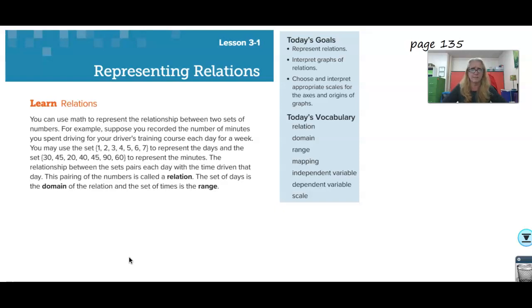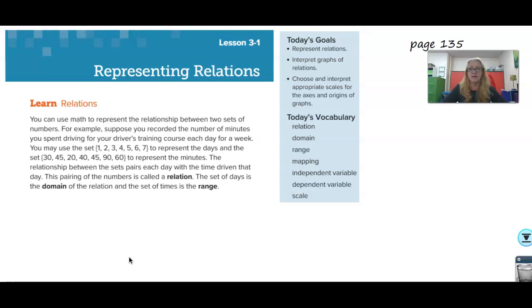I don't understand. Anyway, Representing Relations, section 3.1, starting on page 135 in your workbook. You can use math to represent the relationship between two sets of numbers. For example, suppose you recorded the number of minutes you spent driving for your driver's training course each day for a week.